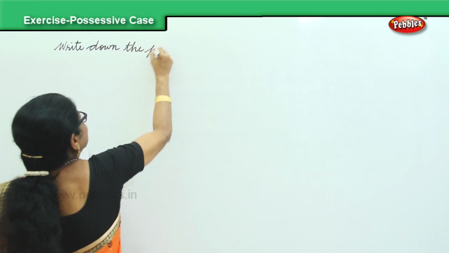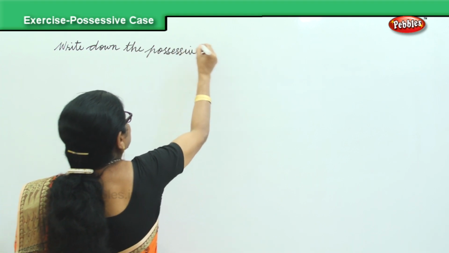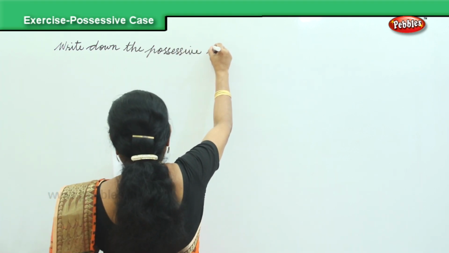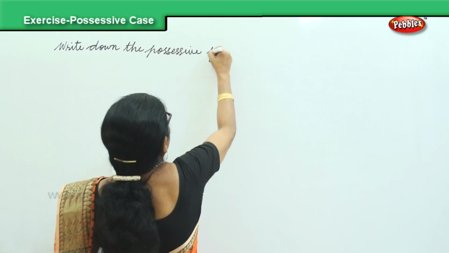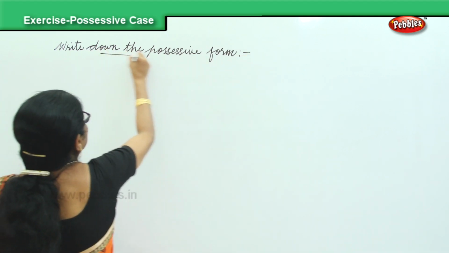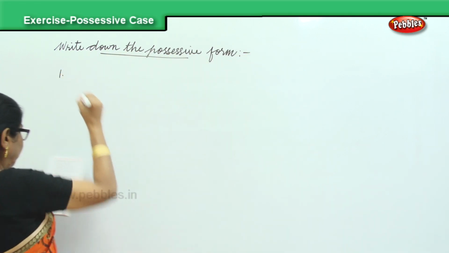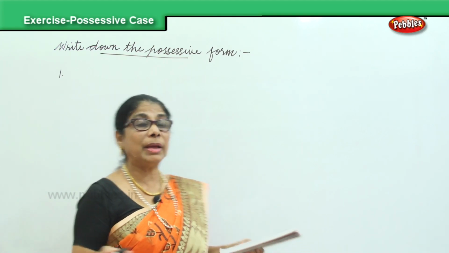Write down the possessive form. Now, the friend of my brother.